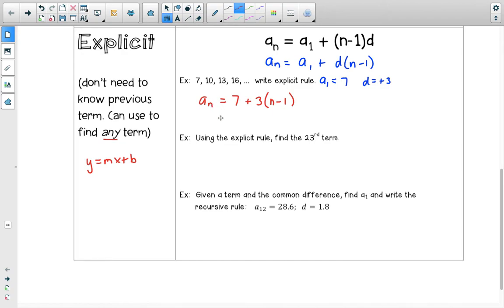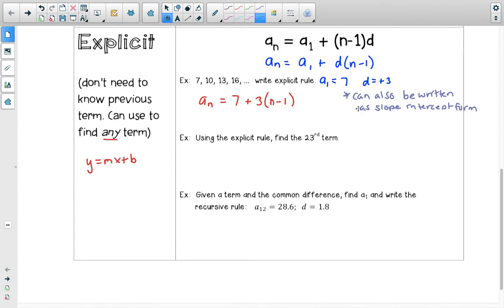In this case, we can also write this as slope-intercept form. So I'm going to write that out. This can also be written as slope-intercept form, just like we said over here.